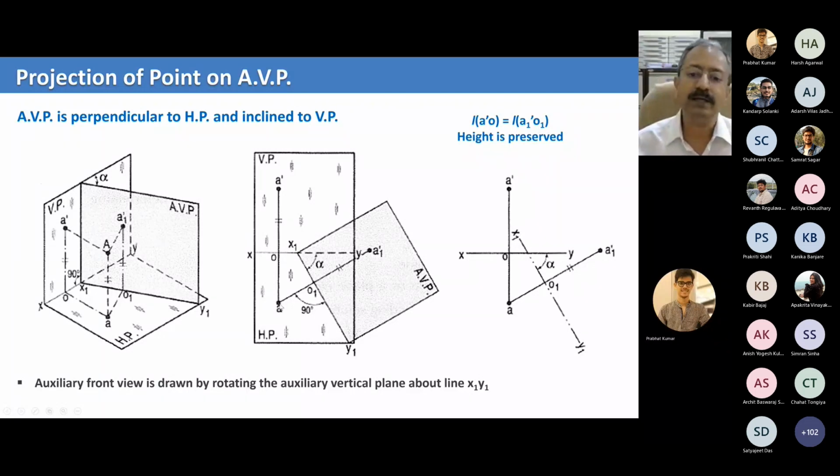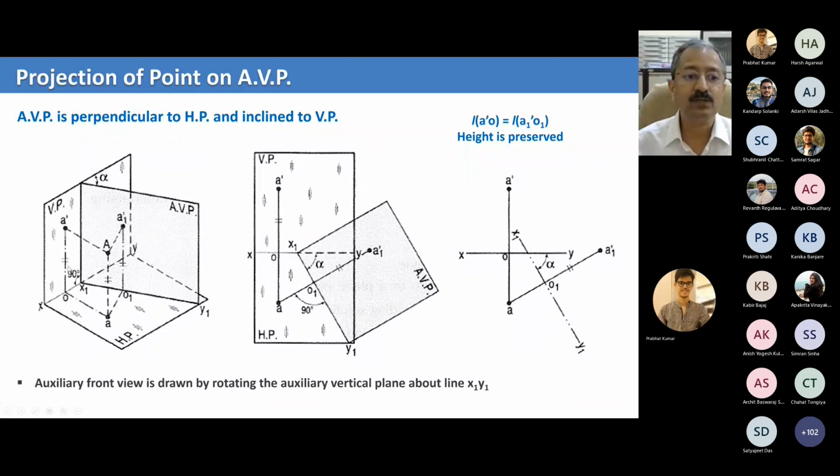And now from the point a, which is the projection of point capital A on the horizontal plane, you draw a line which is perpendicular to X1, Y1. Keep extending that, and then measure off a distance O1 A1 dash, which is the same as OA dash. Why?